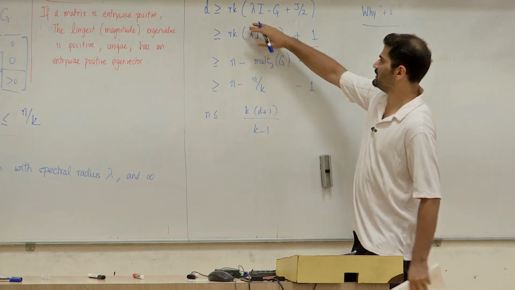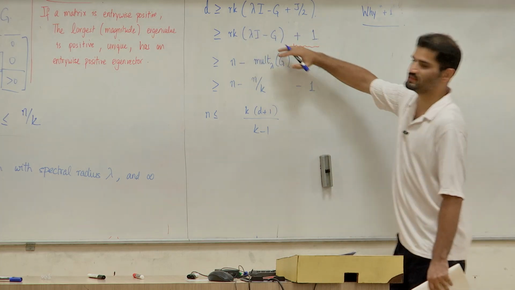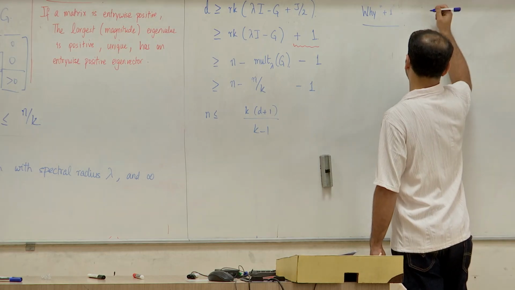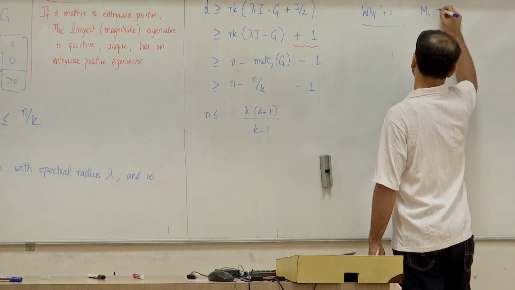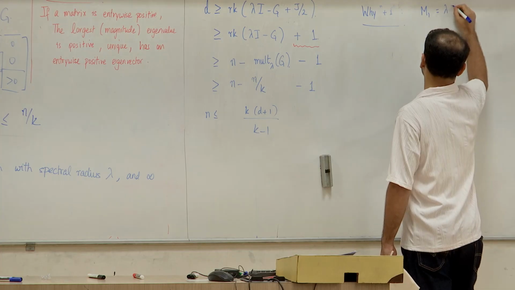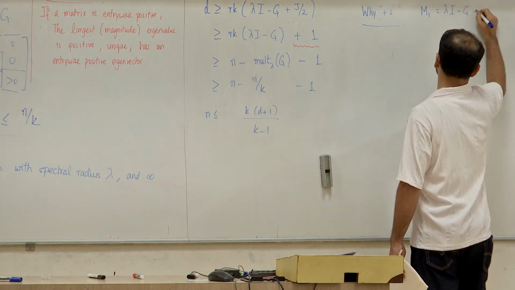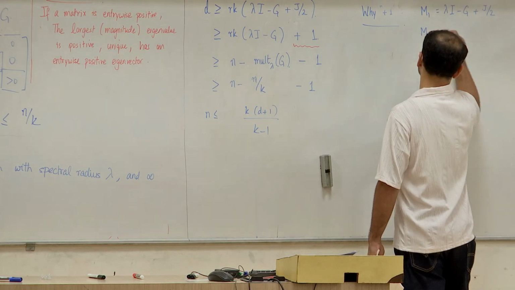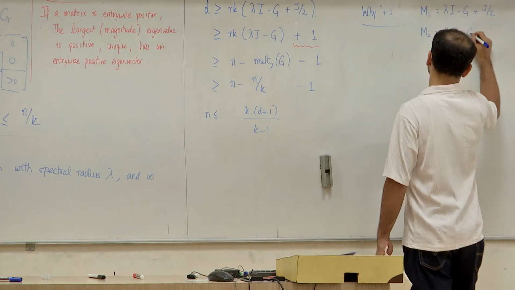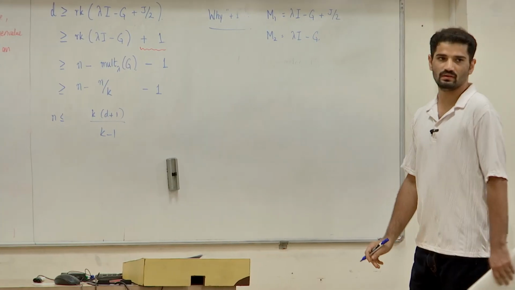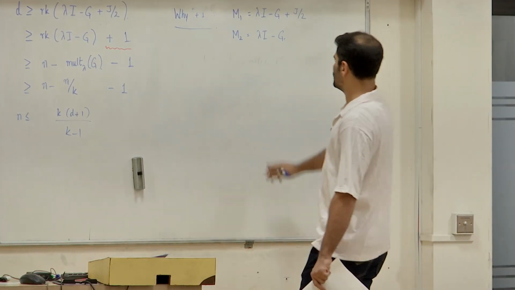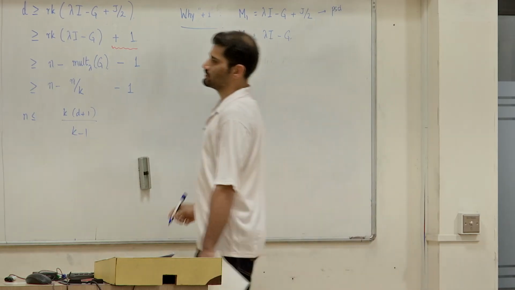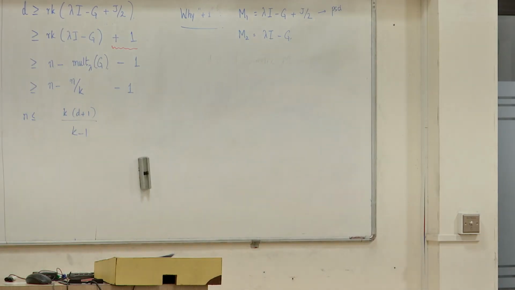Let us examine these matrices. I have matrix M1 equal to lambda I minus G plus J over 2, and M2 equal to lambda I minus G. Now this matrix is PSD by assumption.